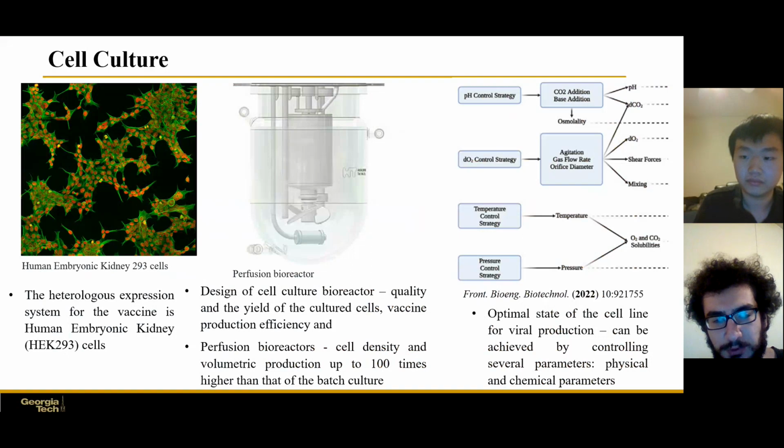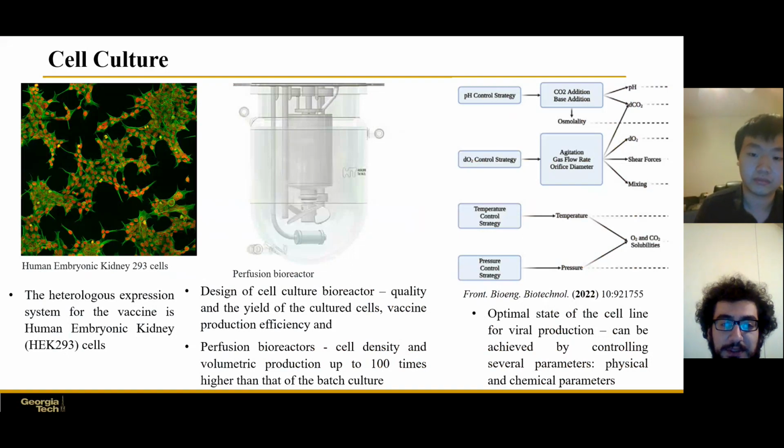So we also tried to consider bacterial cells, but due to the fact that they are not able to fold proper proteins, we decided not to choose that one. And in cell culture, it is one of the most important factors to determine an appropriate design of a bioreactor in which the cell growth happens.